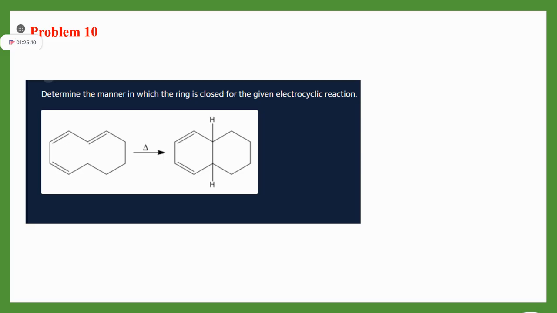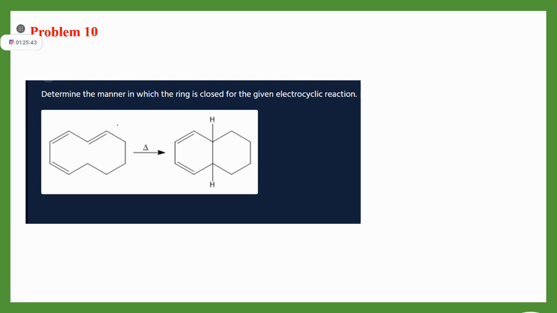Last question for today's practice session is: determine the manner in which the ring is closed for the given electrocyclic reaction. Very easy question this.